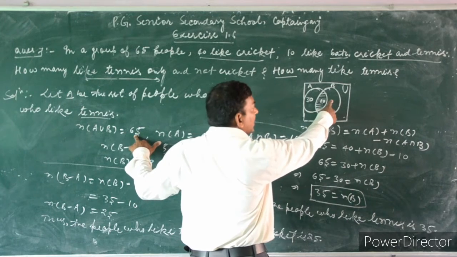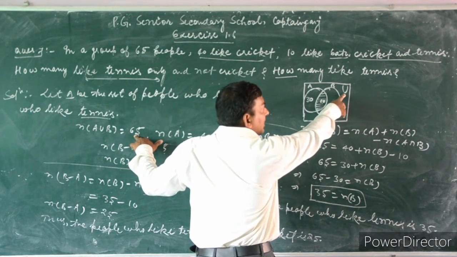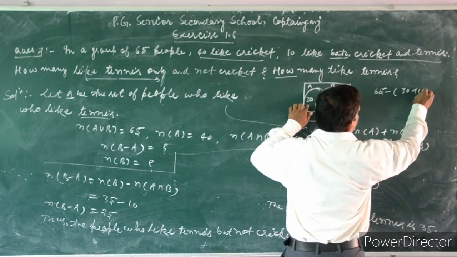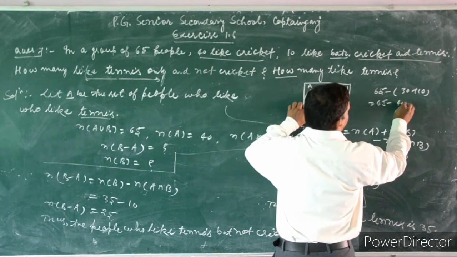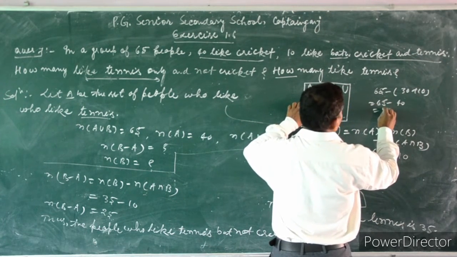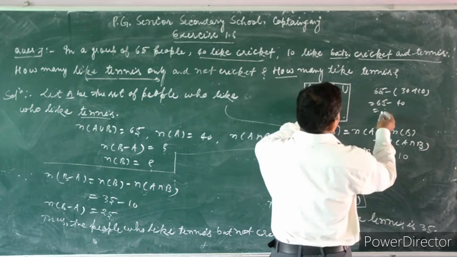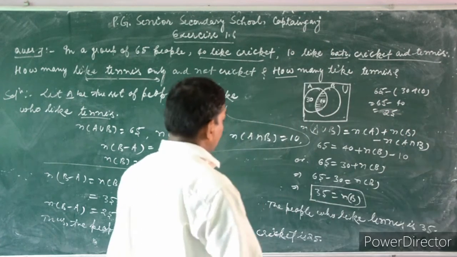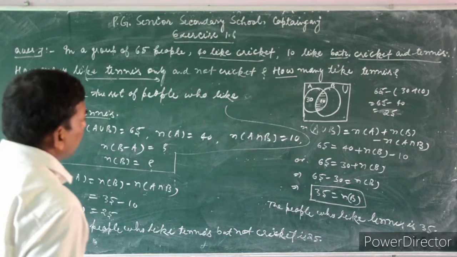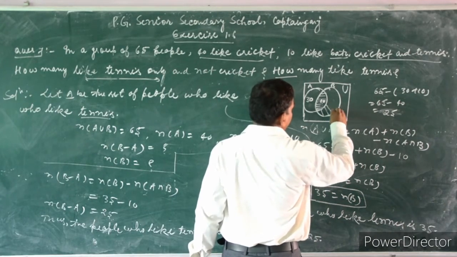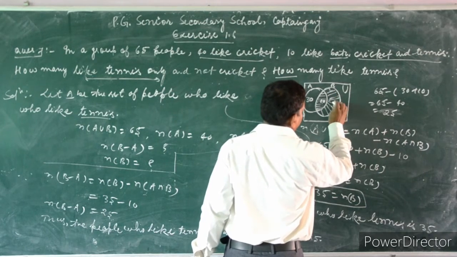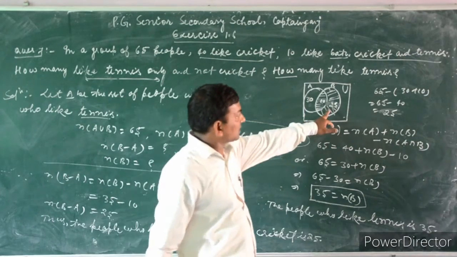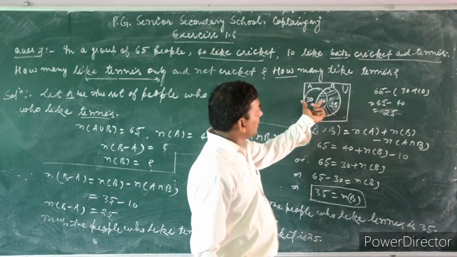How many like only tennis? 65 minus 40 is equal to 25. So 25 people like only tennis.